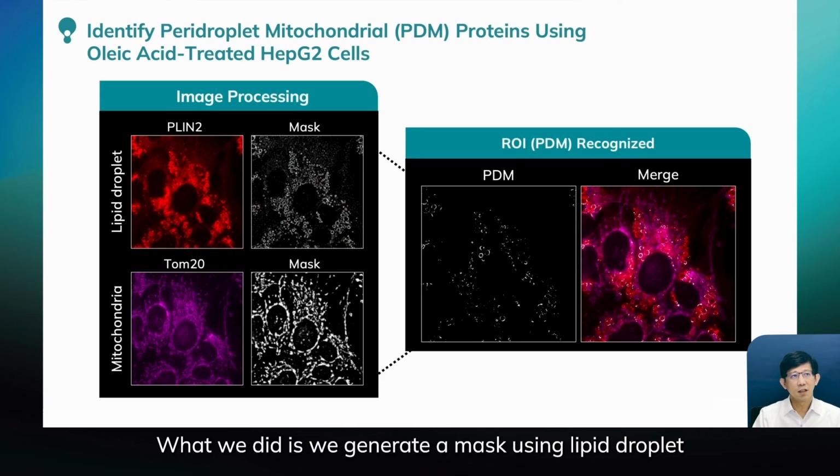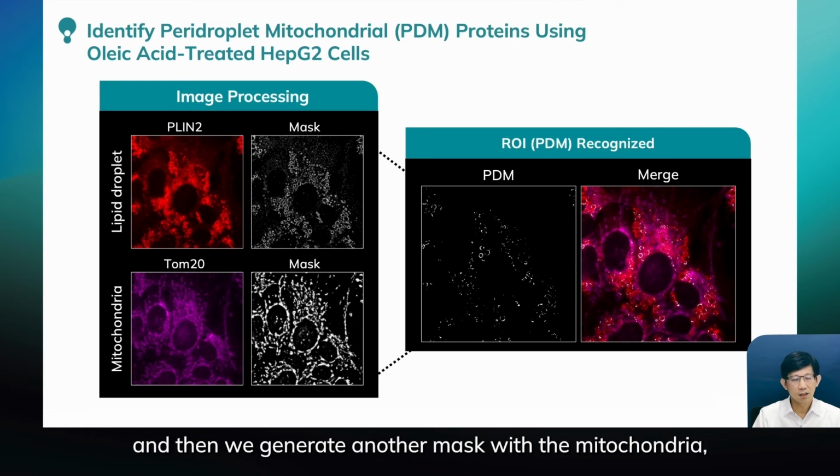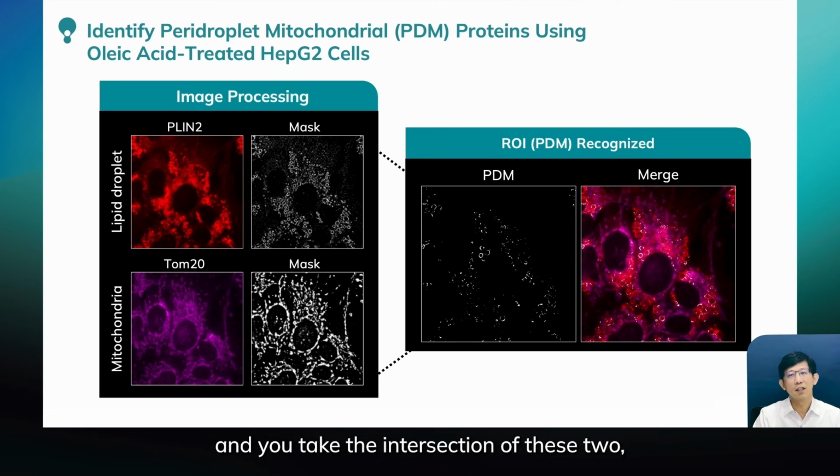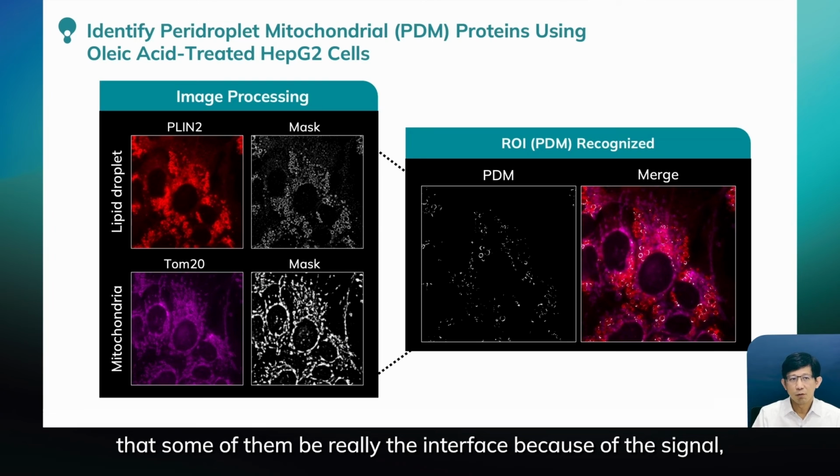What we did is we generate a mask using lipid droplets, and then we generate another mask with the mitochondria. You take the intersection of these two, and then we only zap the protein in this intersection. I mean, it's not very precise, right? You can see that some of them may not really be the interface because of the signal.